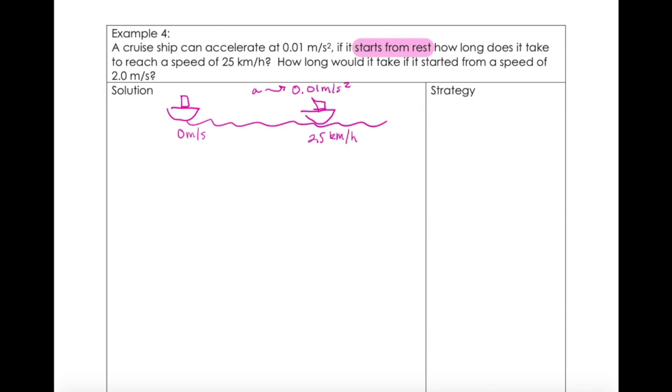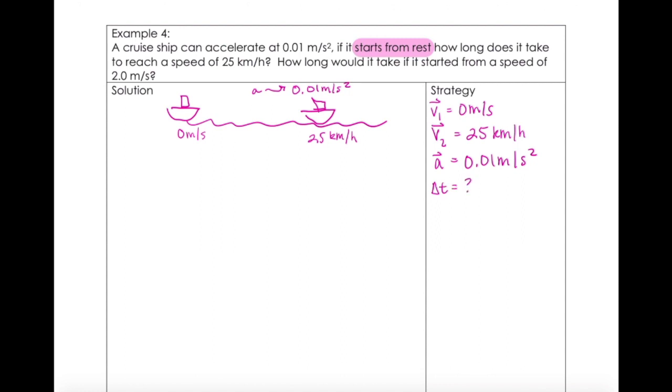So if we look at the different variables, we have that V1 is 0 meters per second, V2 is 25 kilometers per hour, acceleration is 0.01 meters per second squared, and then we want to know the time that it takes in order to reach that.